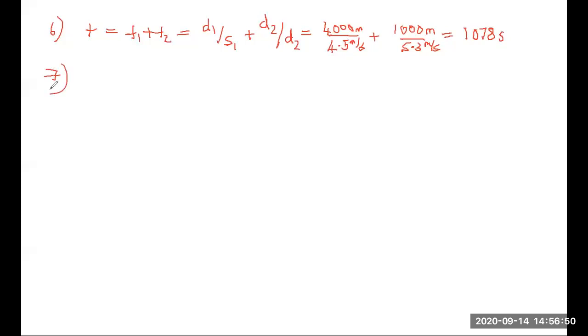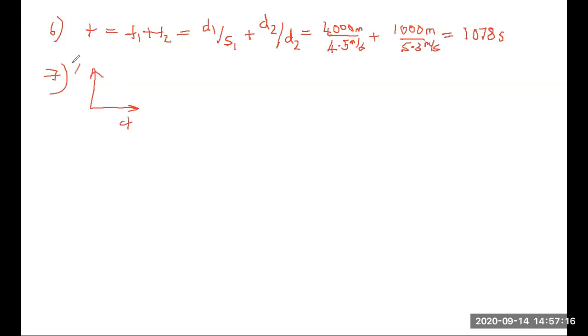Number 7. Okay, number 7 gives a graph of position versus time. So I'm not going to attempt to redraw the graph here, but I will at least sketch out the axes.